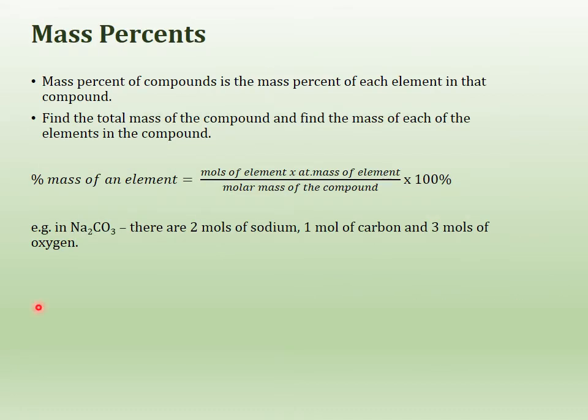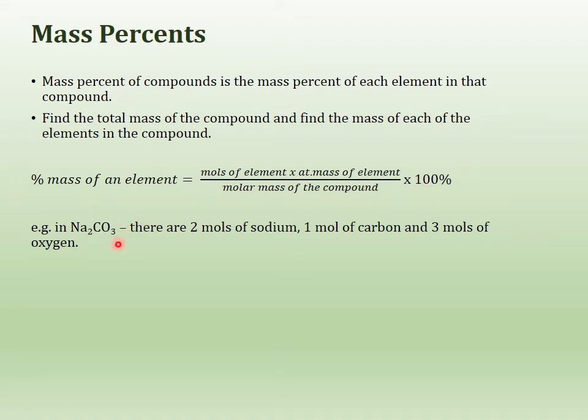Mass percents. To calculate the mass percent of each of the components in a compound, you have to find first the total mass of the compound, which you will find from the periodic table. And then to find the percent mass of an element in that compound, you will find the moles of the element present in that compound, multiply it by the atomic mass of the element, and then divide it by the molar mass of the compound, which is the total mass of the compound, times 100.